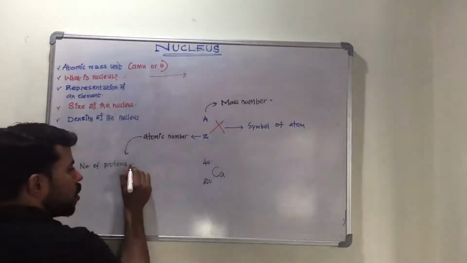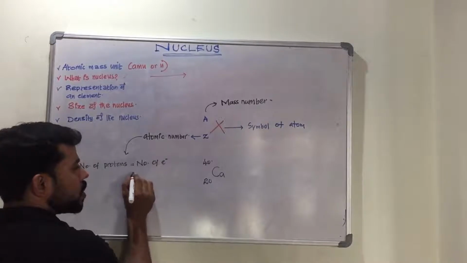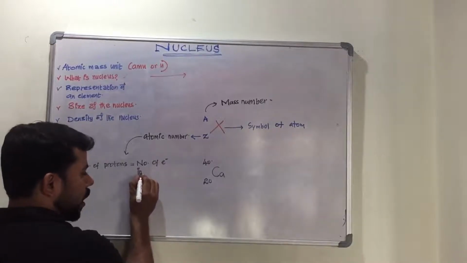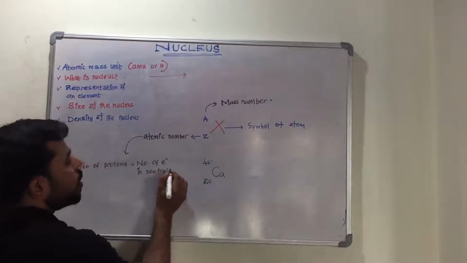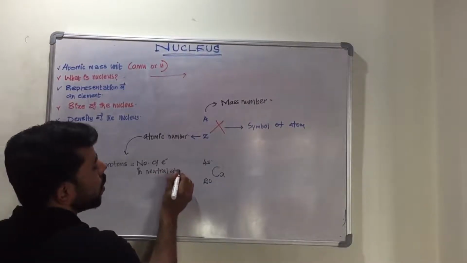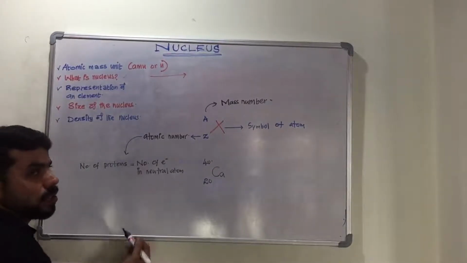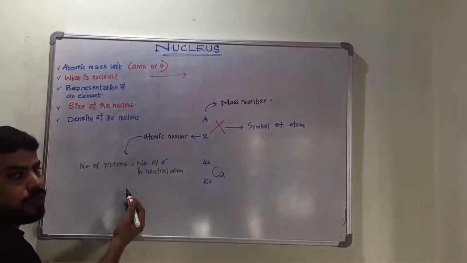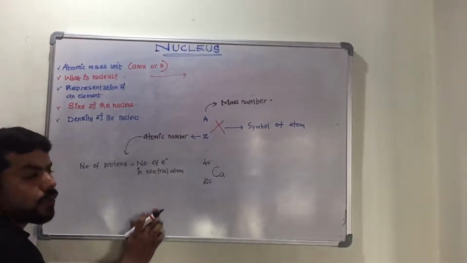It is equal to the number of electrons if the atom is neutral. If the atom is neutral, the atomic number is also equal to the number of electrons, because a neutral atom means no charge, which is made by equalizing the number of protons and the number of electrons.